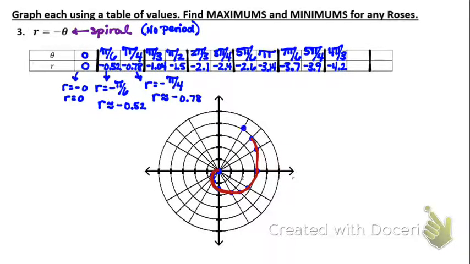So just a little bit past. 3 pi over 2. Negative 4.7. So right about here. We're getting really close to as far as we can take it on our graph.